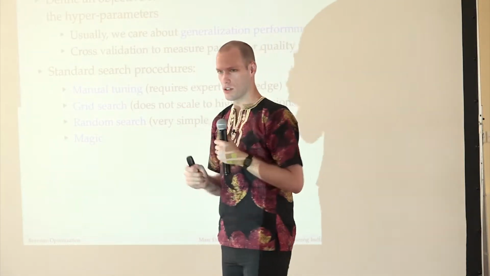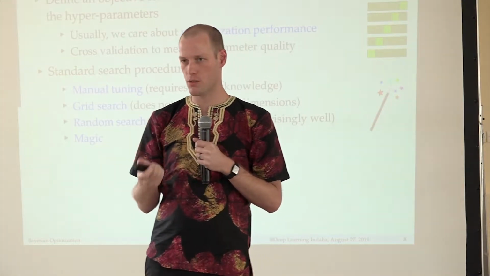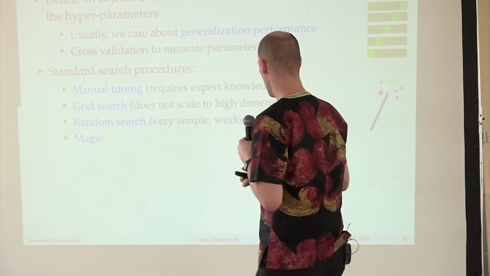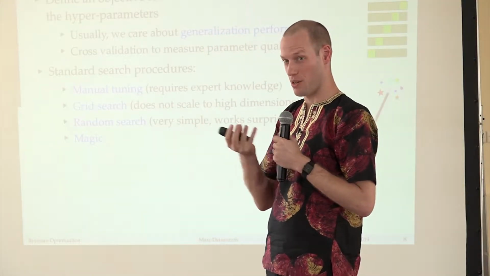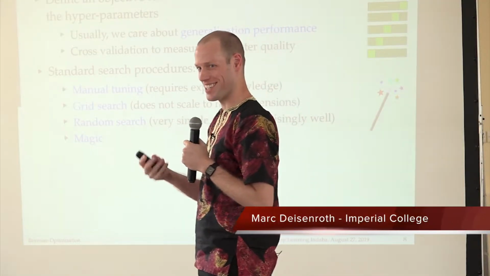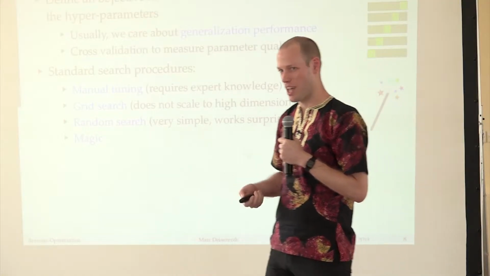You can do random search, and so instead of defining a regular grid, you randomly sample in your space, and that actually works shockingly well. Or there's some sort of magic involved, where somebody comes and tells you, why don't you try a learning rate of 0.001, and then you try it out and it works. You know, this is kind of the magic insight that sometimes happens. But ideally, this is nothing we would like to rely on because it doesn't work all the time.